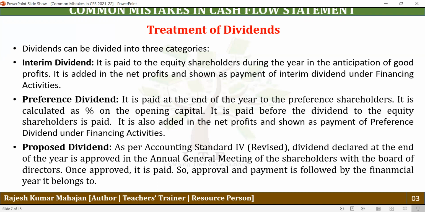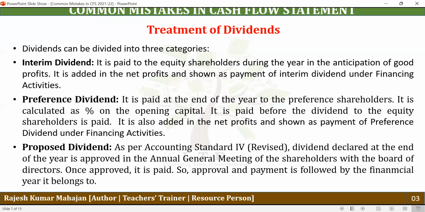On the basis of the percentage, we will find our preference dividend on the opening capital, and after finding the amount, we show it as an addition to the net profit, and we also show it as a payment of preference dividend under financing activity. So the treatment for preference dividend and interim dividend is totally the same.